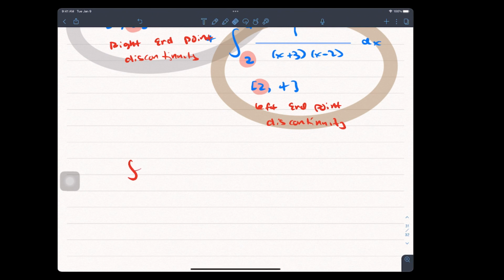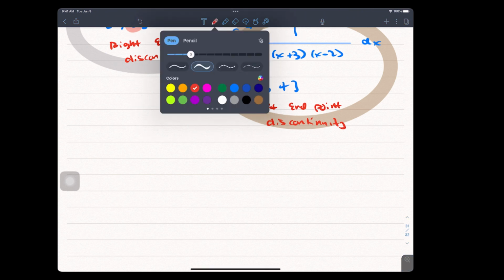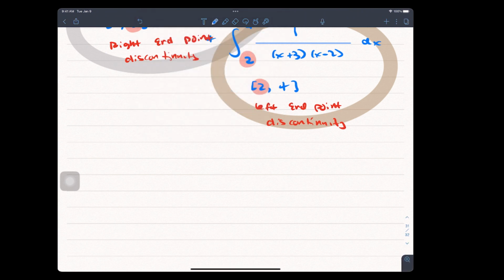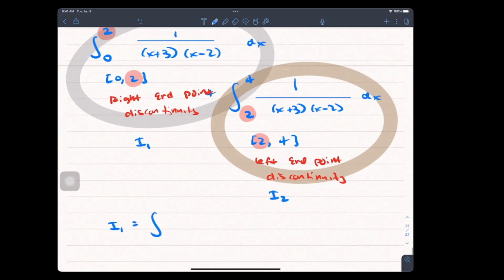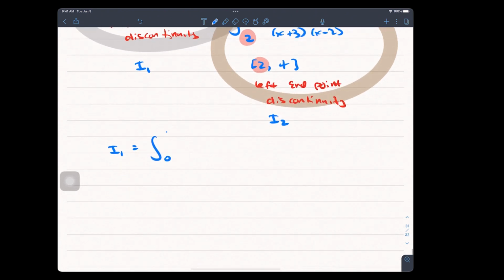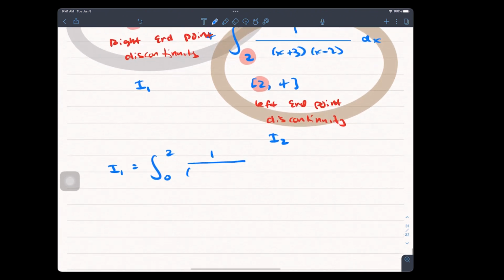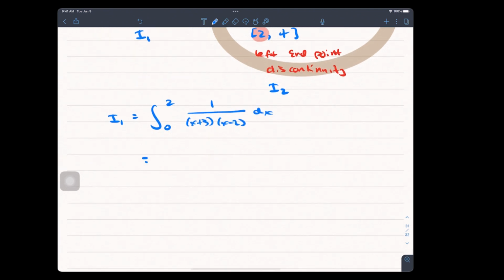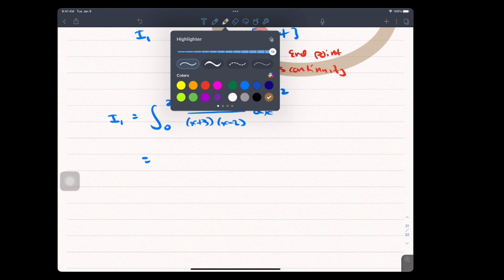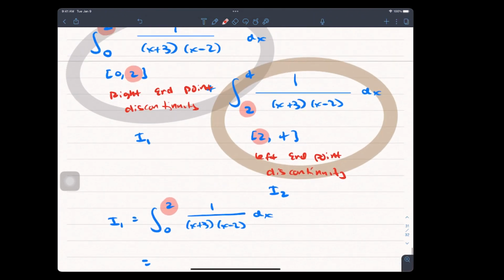So we start with the first one, and sometimes you call that I1 and I2. Improper integral 1 is the integral from 0 to 2 of 1 over x plus 3, x minus 2. You guys know why I left it this way? Maybe you have a hint. And I would still highlight that 2, and you get what?